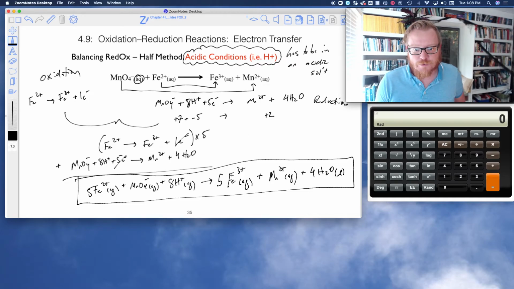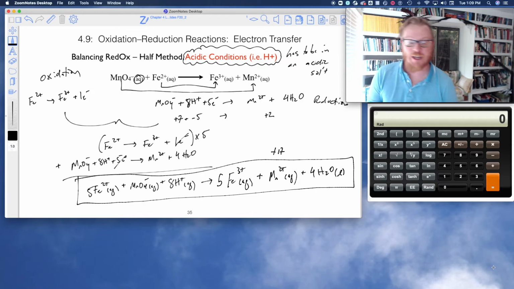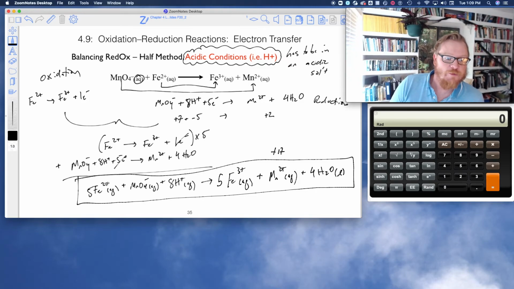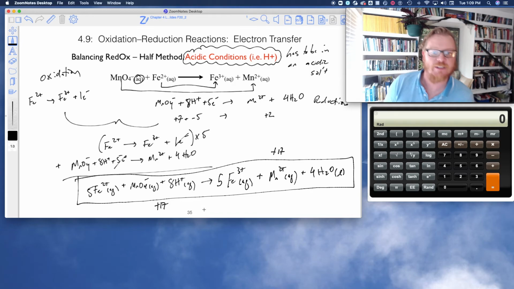Well, look, 5 times 3 is 15 plus 2 is 17 plus on that side. Do we have 17 plus on the other side? I hope so. We've got 5 times 2 is 10. Plus 8 is 18 minus 1. Hallelujah. 17 and 17. So it's balanced.